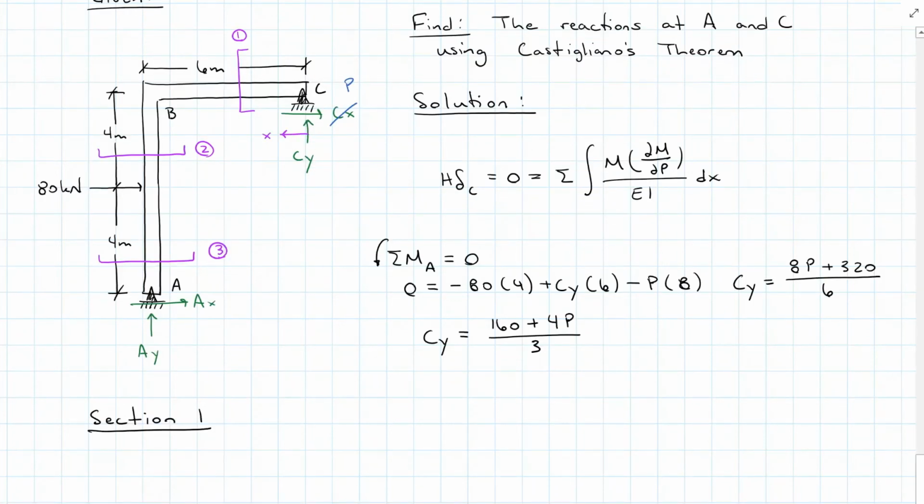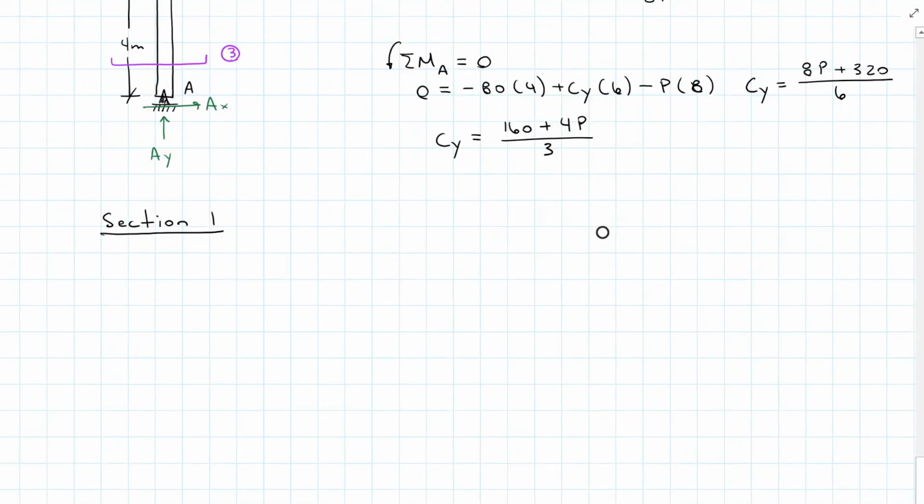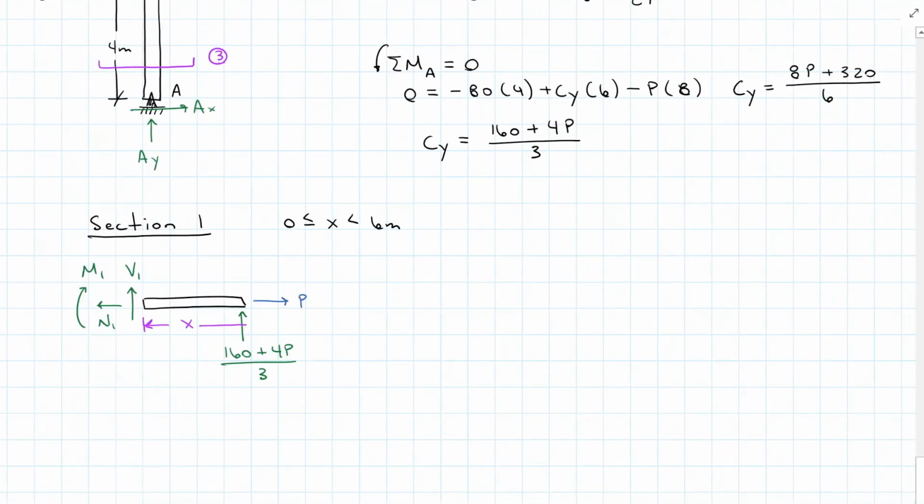I'm going to set up my origin x taken to the left from C and my origin y taken from B down. For section 1, my moment 1 equation is going to be 160 plus 4P divided by 3 times the distance x.